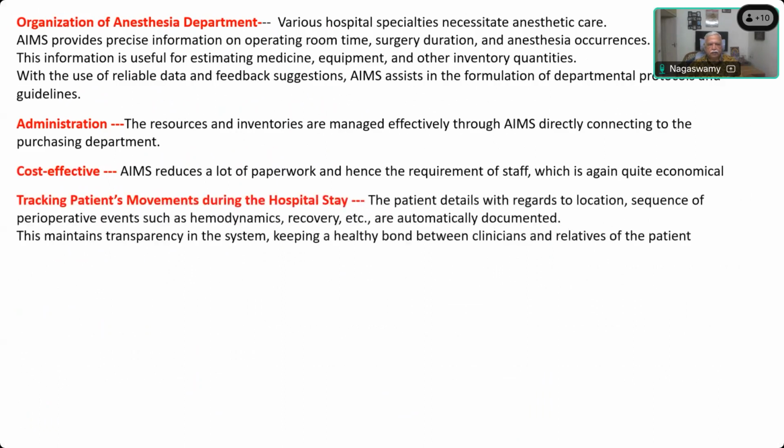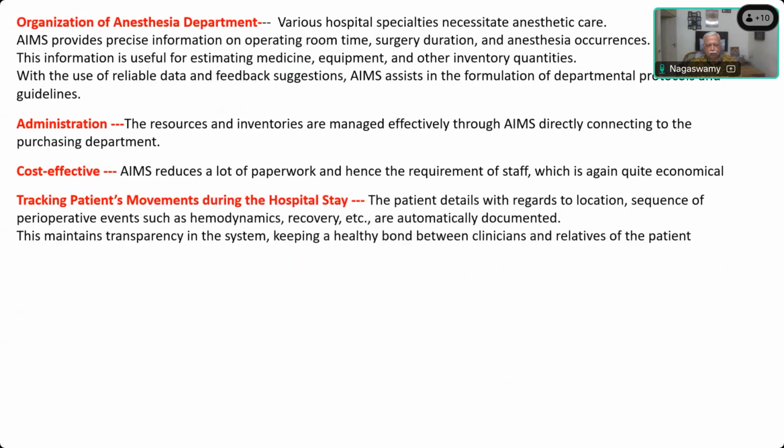And tracking patients' movements during hospital stay also. For example, a patient will be admitted in ward A in the preoperative phase. Then he goes for a surgery. Then he will be in the post-operative care for some time. Then he will come back.